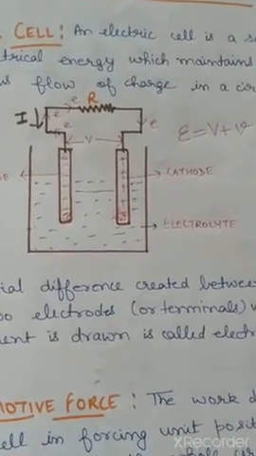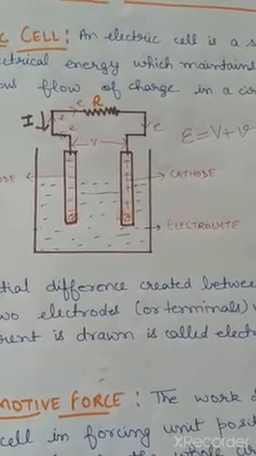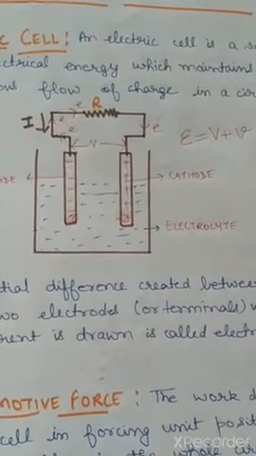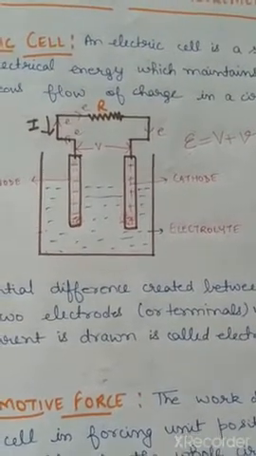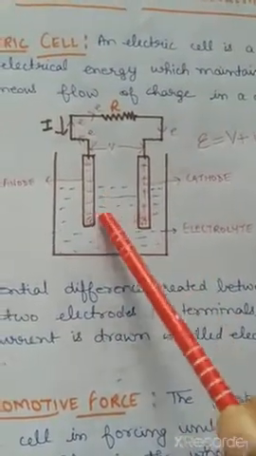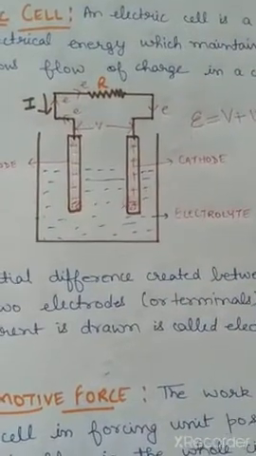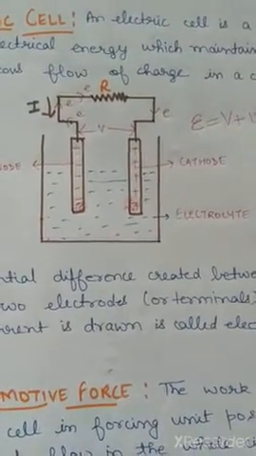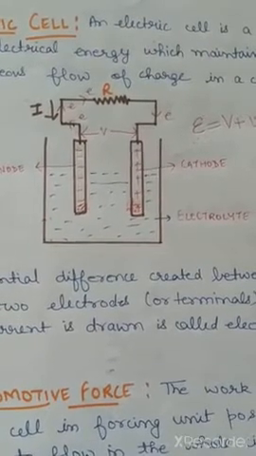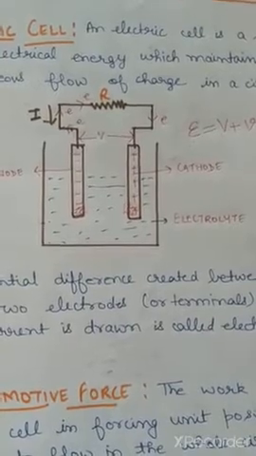And why will it give less than 1.5 volt? Because now the cell is in use, and when the cell is in use there will be an internal resistance. Within the cell, the resistance offered by the electrolyte to the flow of current is called internal resistance. Because of the internal resistance, when a cell is in use, it does not give the exact value, that is the EMF written on it.